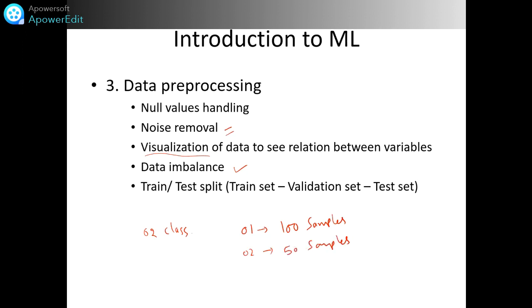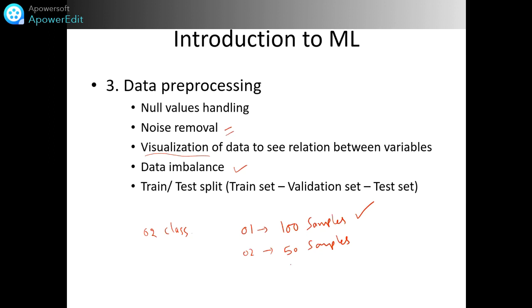It is a kind of data imbalance problem. If you directly supply this data to the model, your model will not run perfectly, and it will be a little biased toward the class in which we have more samples, because the model repeats this task more times compared to the other class.